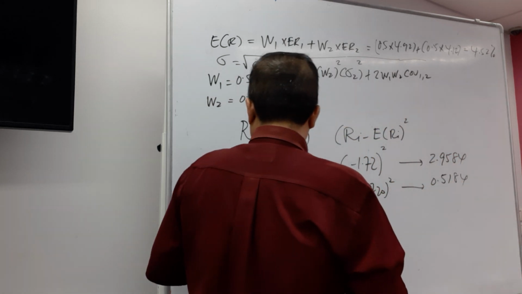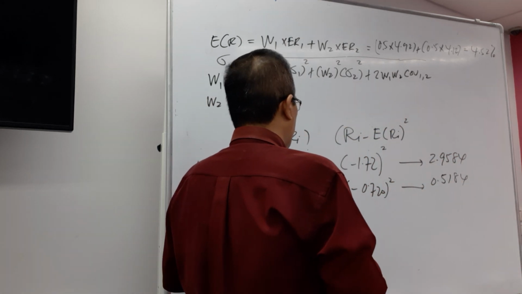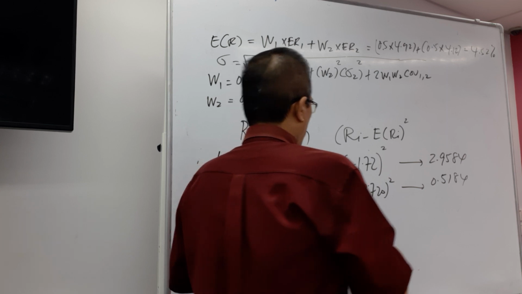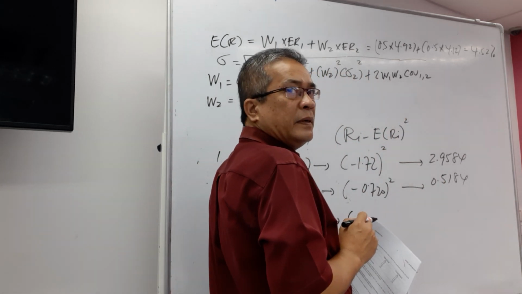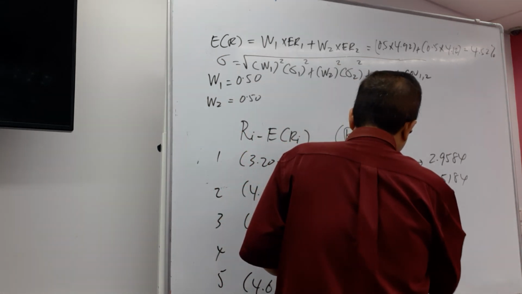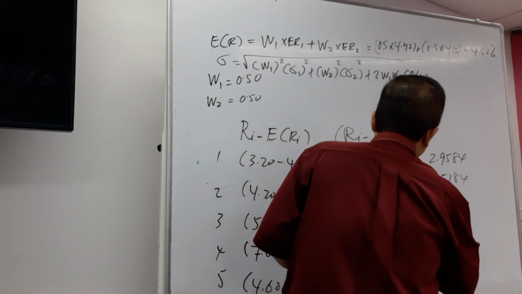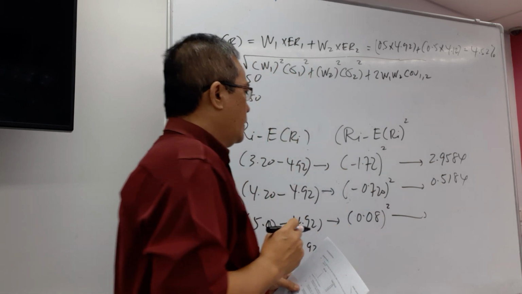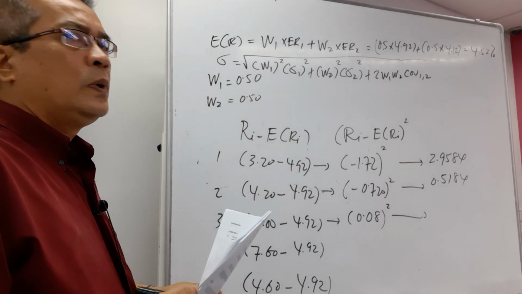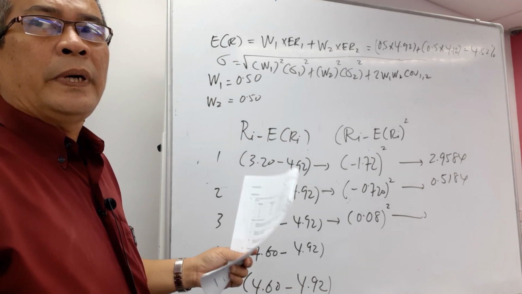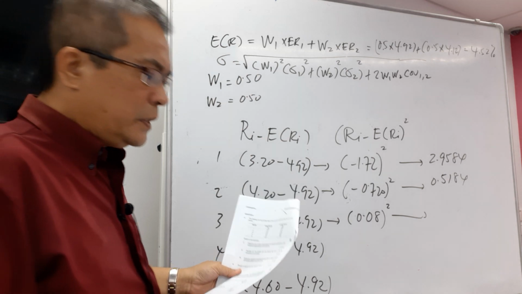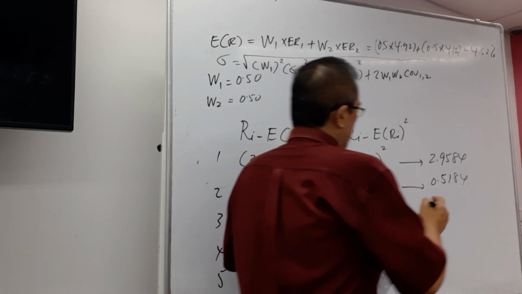Okay, the third month is 5 minus 4.92, 0.08, and 0.08 to the power of 2 is 0.0064.